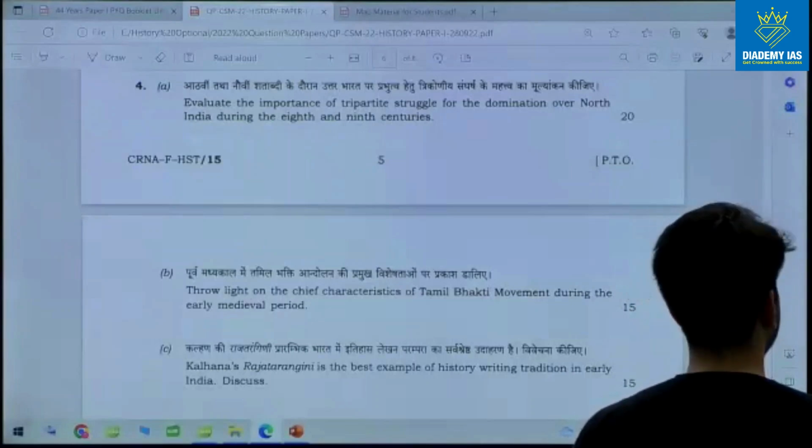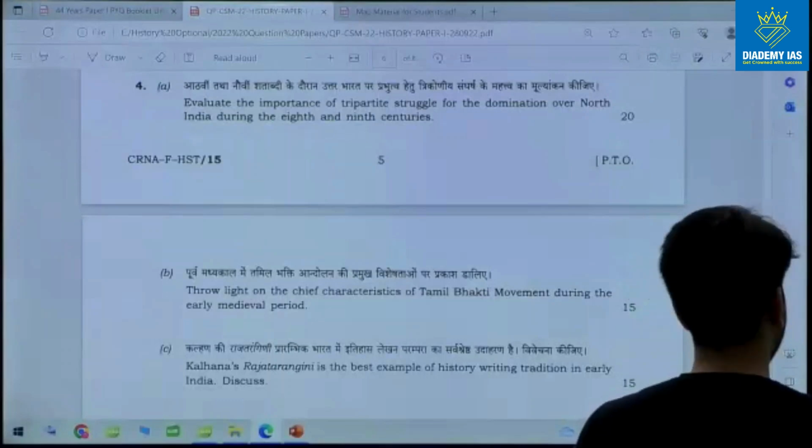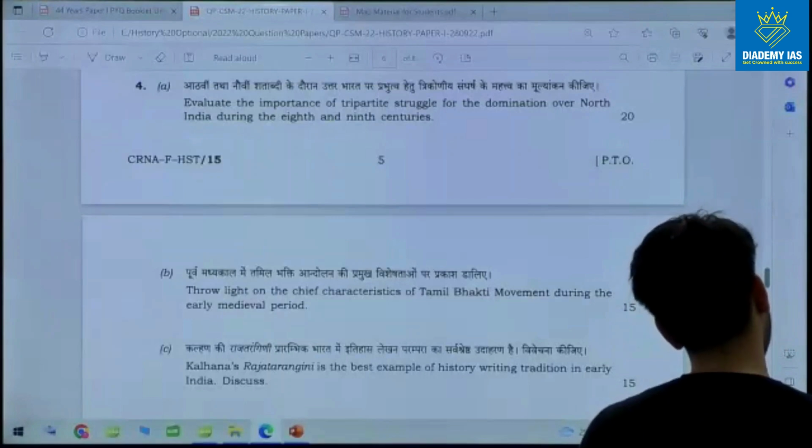This is the uniqueness, and that is why Amartya Sen wrote the book The Argumentative Indian. He said it based on these evidences. Since ancient times we have this kind of evidence. This is exactly what you have to bring in the answer.